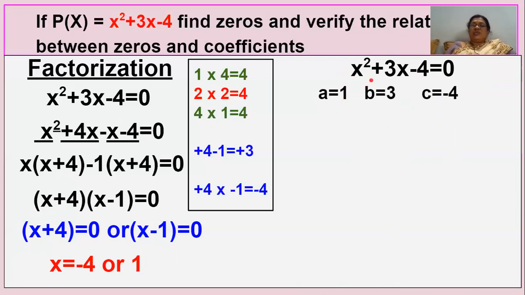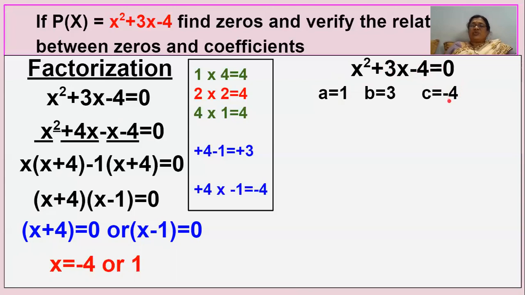So this quadratic polynomial is in the standard form of a polynomial like ax square plus bx plus c. A will be the x square coefficient. Nothing is there in front of x square, you can take it as 1. And bx means in place of b there is 3. And c, you can take minus 4.